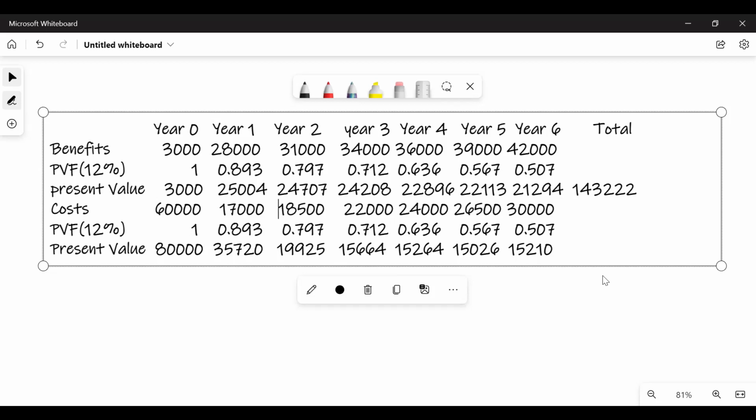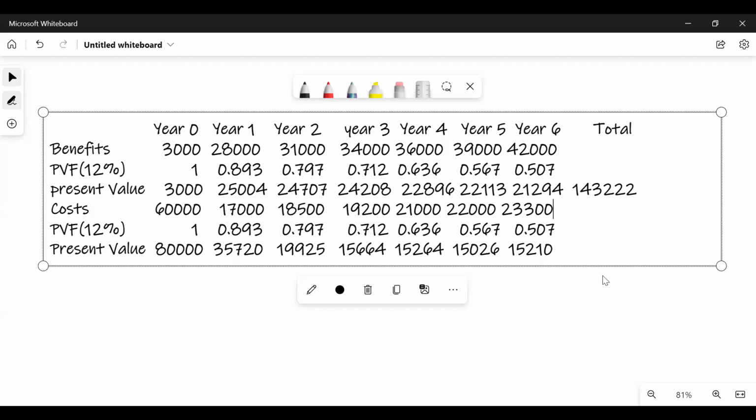The cost for project A: this should be 19,200, 21,000, 22,000, then 23,300.